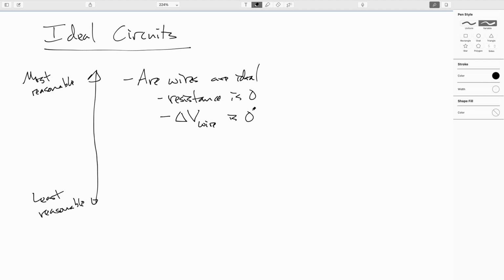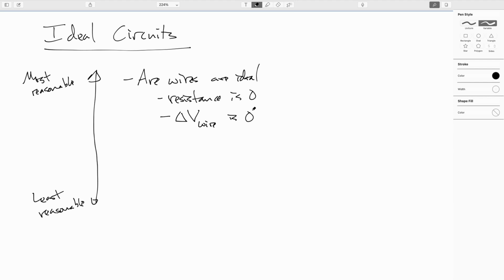Now, this is about as reasonable as it comes because there are a class of materials called superconductors that if you make them ridiculously cold, quantum mechanical weirdness does occur to actually legit make the resistance exactly 0. So this can actually be done at least in a lab.